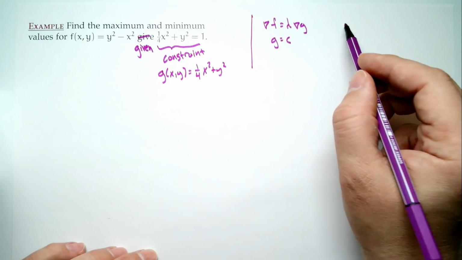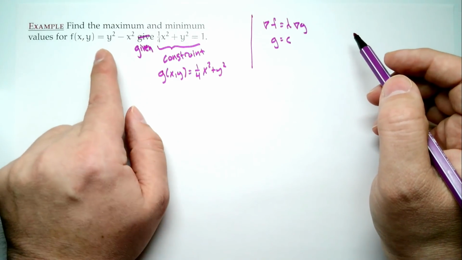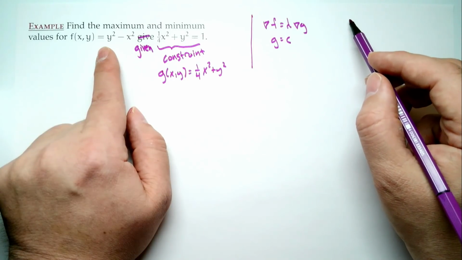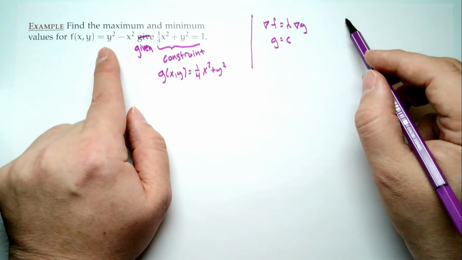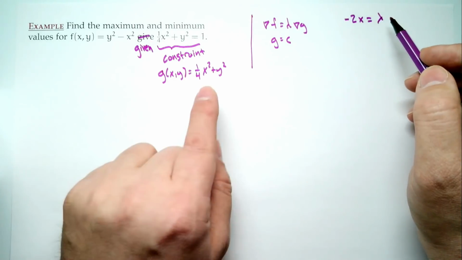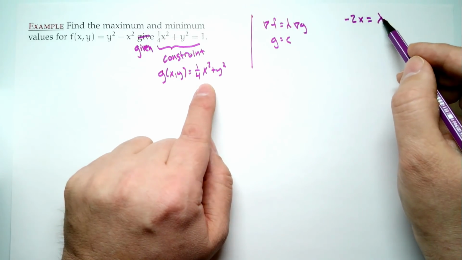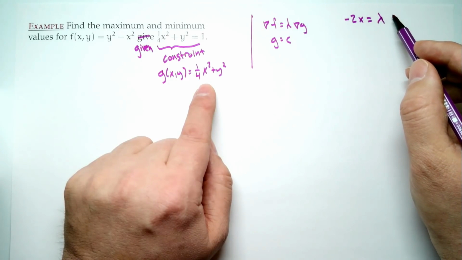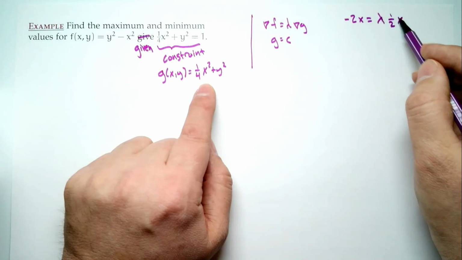Well, that's going to translate into the derivative of f with respect to x, negative 2x, equals lambda, derivative of g with respect to x, 1/2 x.